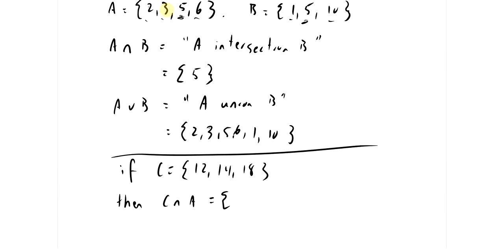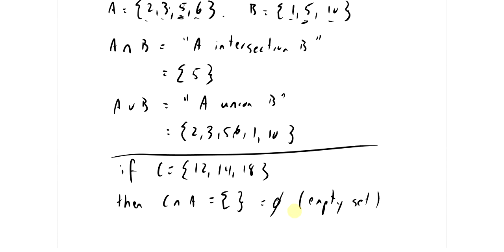Well, 2 is in A, not in C, 3 is in A, not in C, 5 is in A, not in C, 6 is in A, not in C, 12 is in C, but not in A, 14 is in C, not in A, 18 is in C, not in A. There's nothing in both of them. So that's the empty set. There's nothing in the intersection. And this is our notation to say there's nothing there.